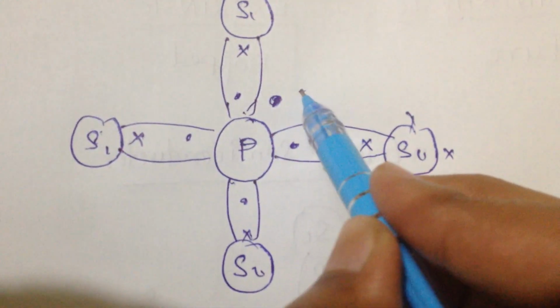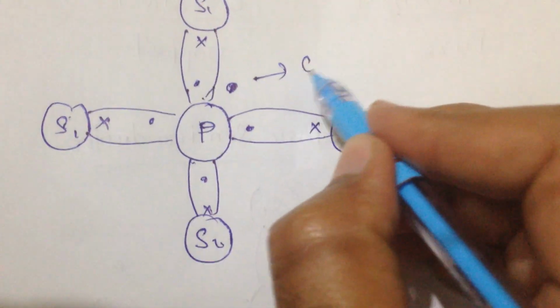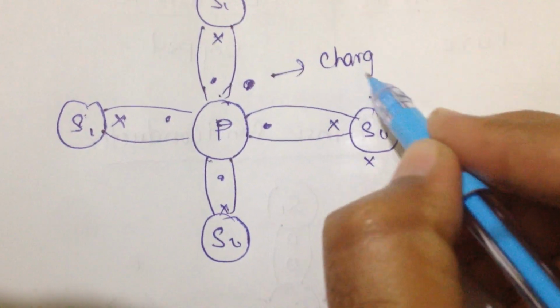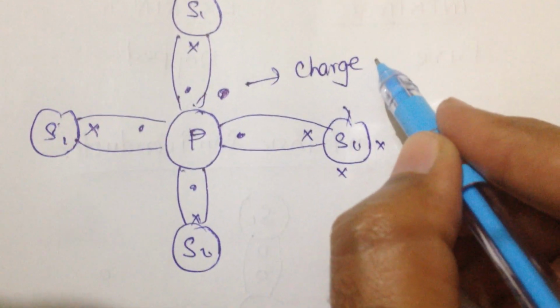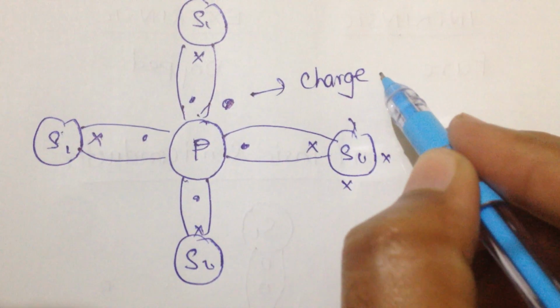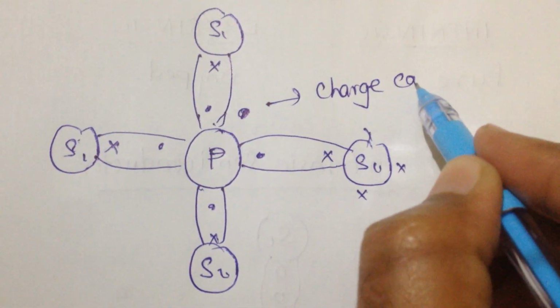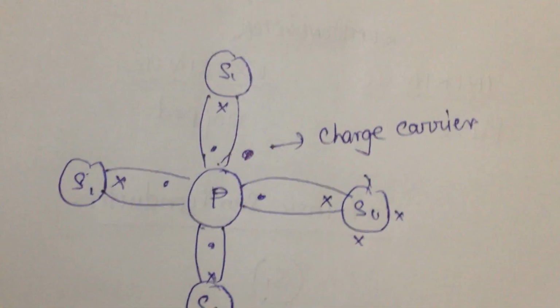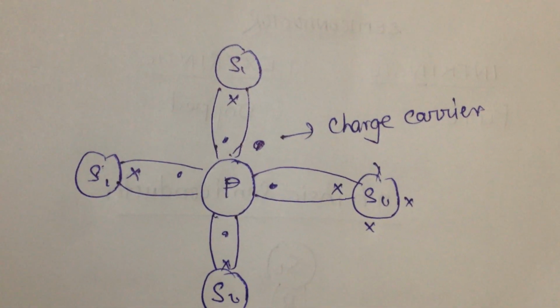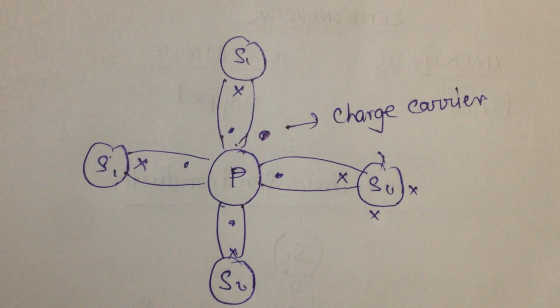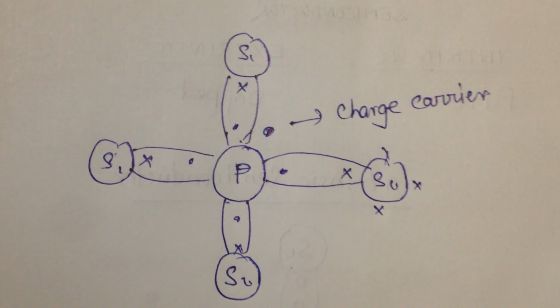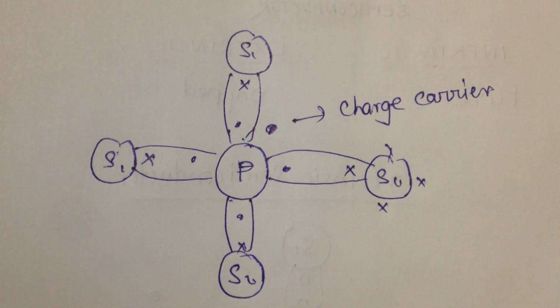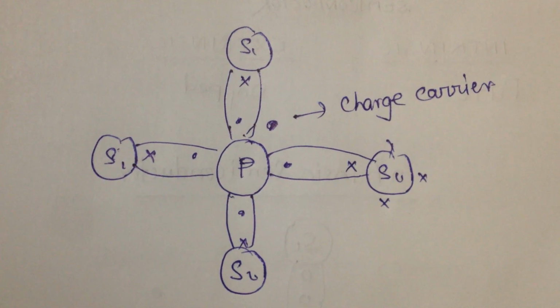This electron is the charge carrier, and it will transport the charge in this semiconductor. Because the charge carrier is a negative electron, this semiconductor after doping is called an N-type semiconductor.